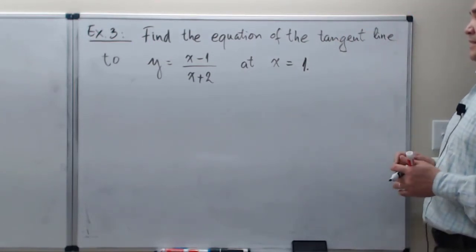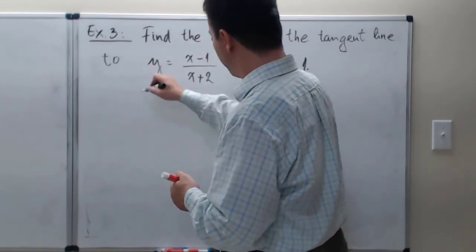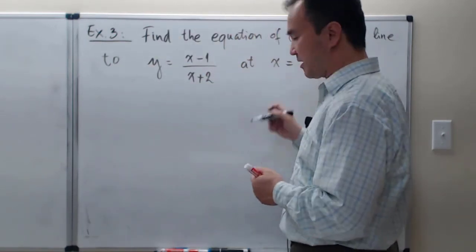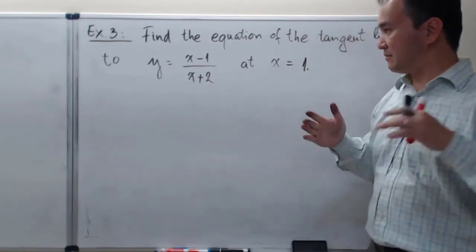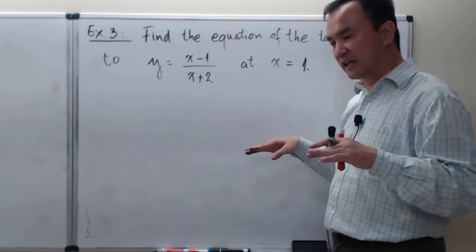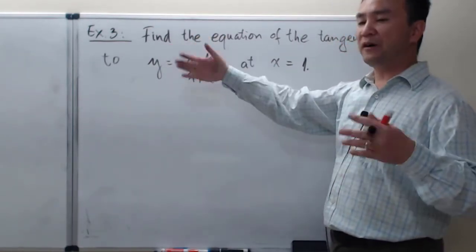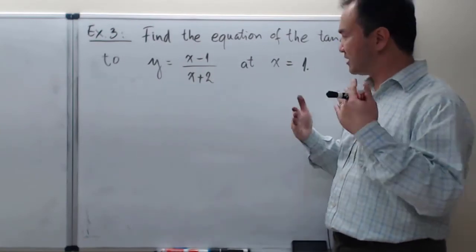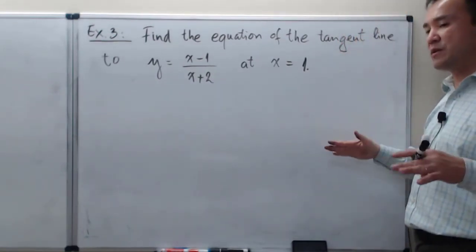Okay, so this time we have a function and we have a given point again. As I said in some of the earlier lectures, I will occasionally deliver an example where it asks you to find the equation of a tangent line, because that skill is so important.